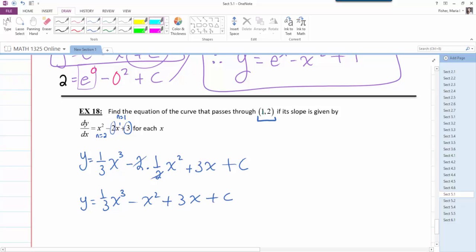So now I use that initial condition that says when my x is equal to 1, my y is 2.